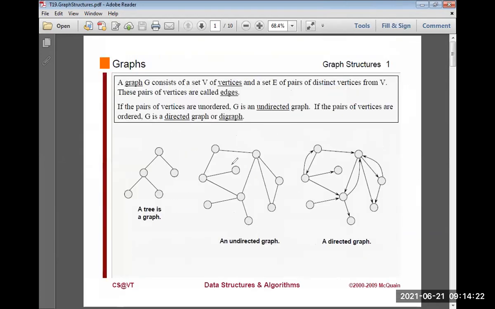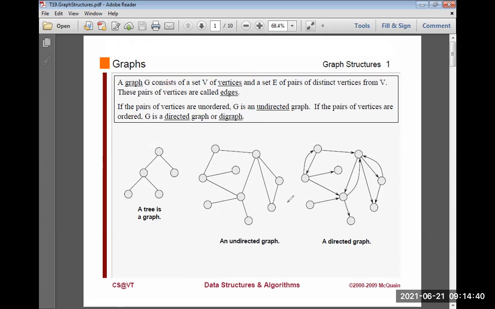So here a graph consists of vertices and edges. I already told you a graph consists of a set of vertices V and a set of edges. If the pairs of edges are unordered, that means an undirected graph.